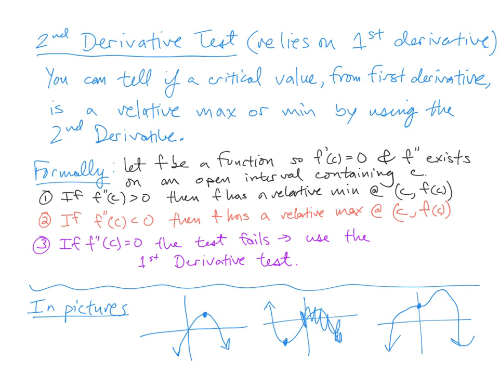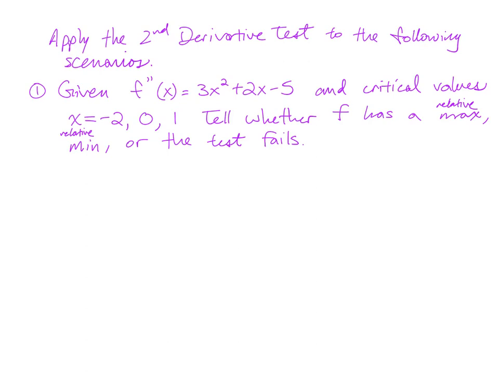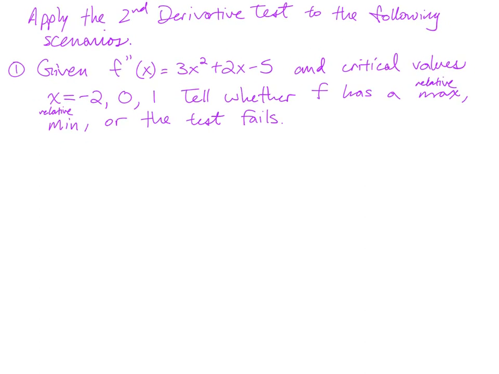I do these exercises a little bit differently, and you'll see how it's done on the next slide here. For the last couple examples, I'm going to go through them pretty quickly, but this is how I set up the second derivative test. Normally, I just give you the second derivative with some critical values, and then you just have to tell me whether the original function has a relative max, a relative min, or the test fails.